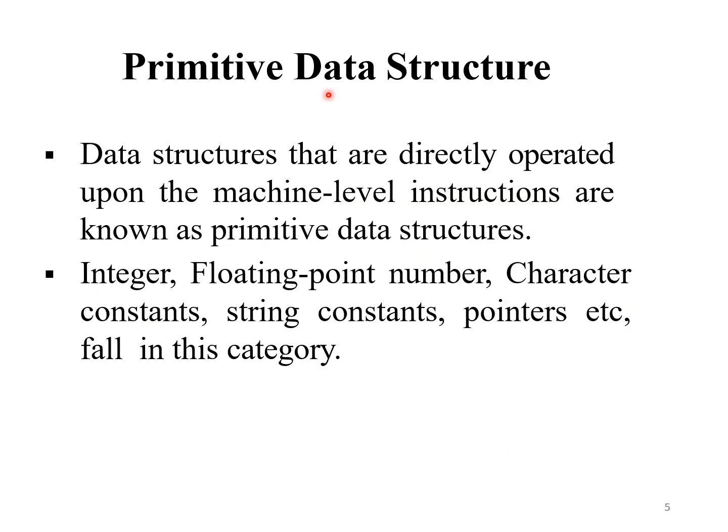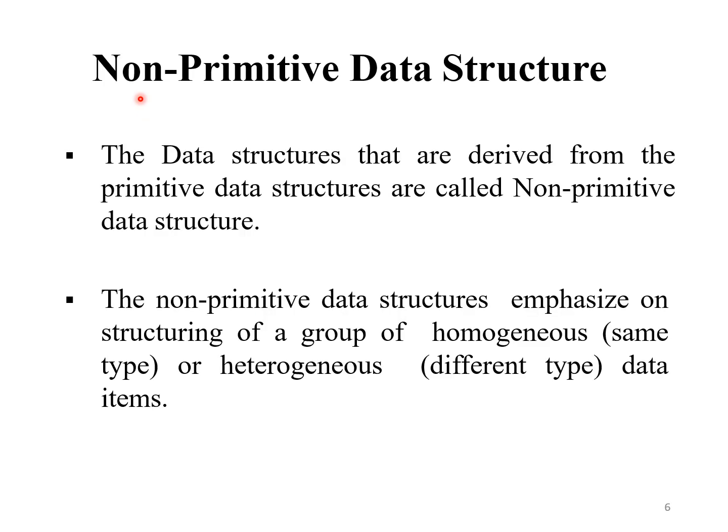Primitive data structure. Data structures that are directly operated upon by machine level instructions are known as primitive data structures. In this, we use the inbuilt data types: integer, float, character, pointers, etc. Another type is non-primitive data structure.